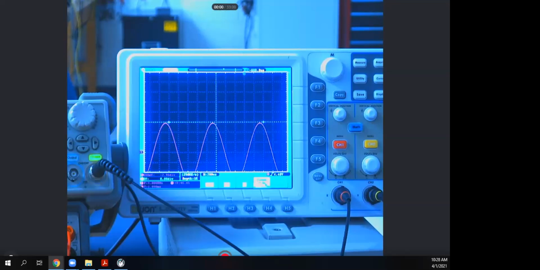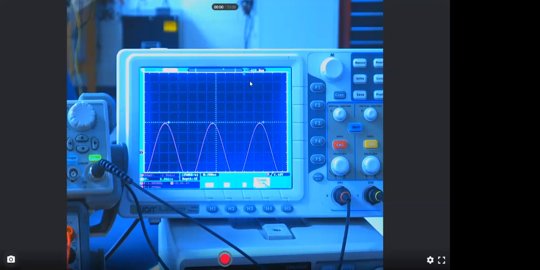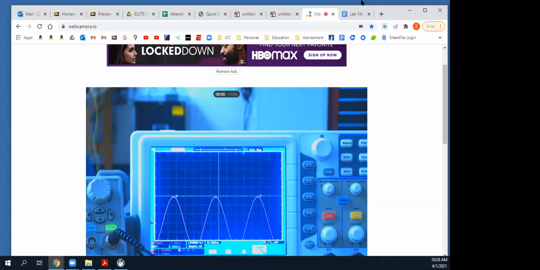You see my screen? You see that better than you could on the screen up front? All right, the problem is I can't do both at the same time. So if this is better, we'll go with this.